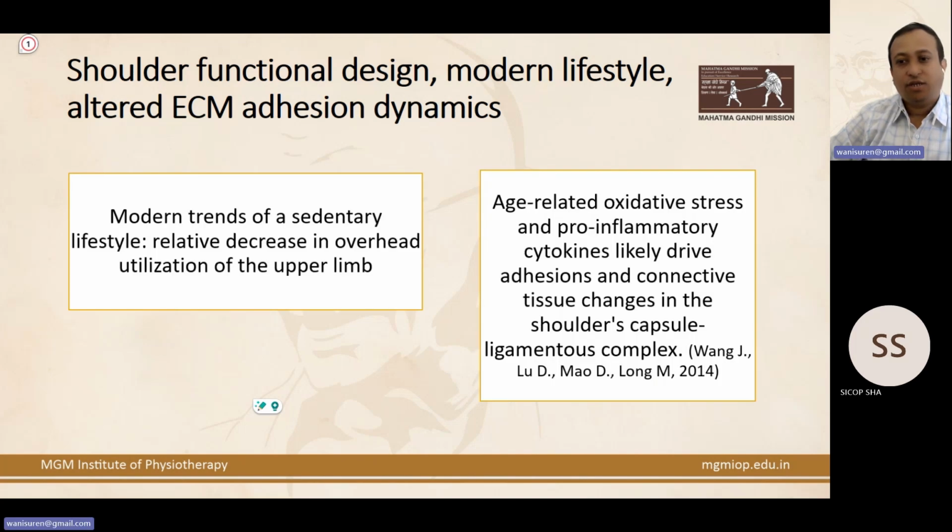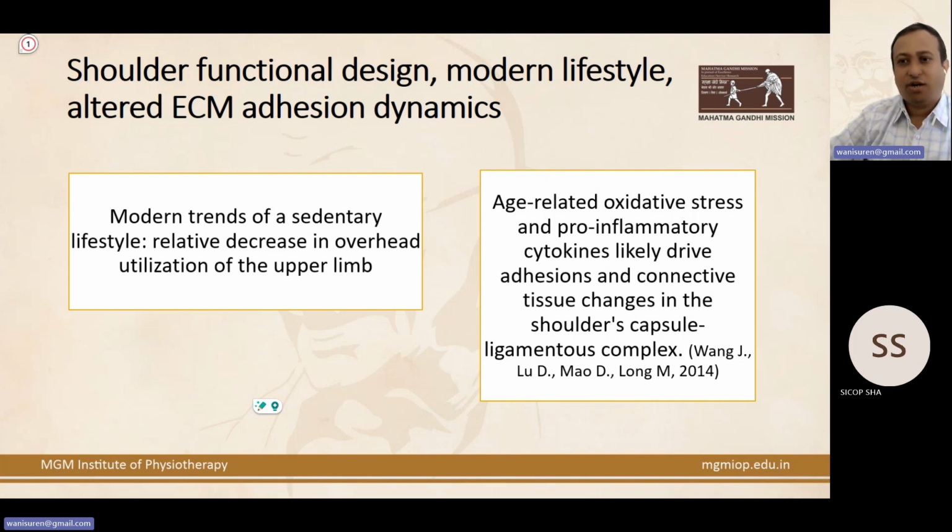Another theory I came across is that due to the modern trend of sedentary lifestyle, we don't use our upper limb, or more specifically the shoulder joint, for overhead activities. Because of that disuse, underutilization of the shoulder may also lead to frozen shoulder or adhesive capsulitis.